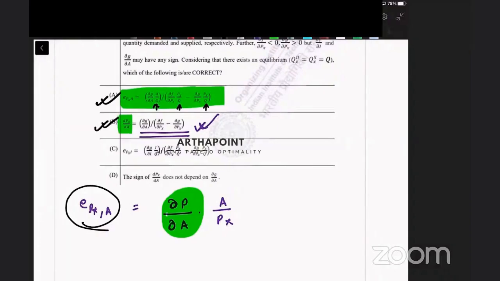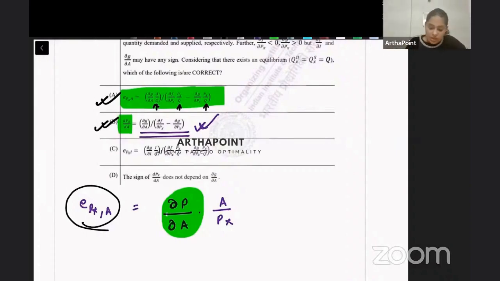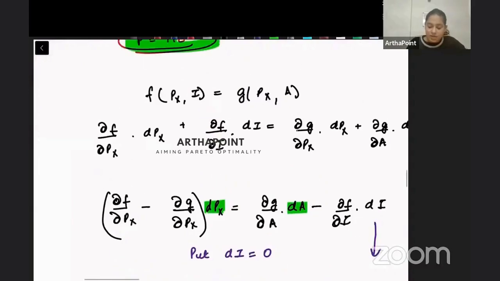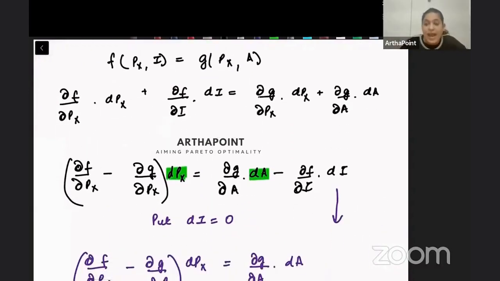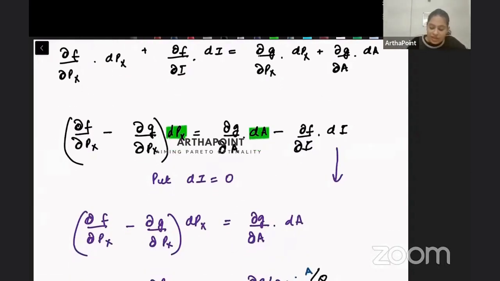Now let's talk about option C. This asks me the elasticity of P with respect to I. Let me look at this once. If I go back to my total differentiation and I have to find elasticity with respect to I, then I will put dA equal to 0 here.